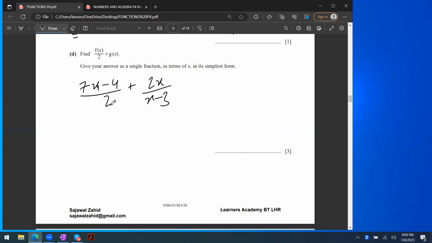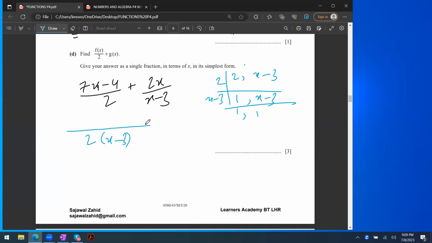Now we need to make the denominator the same for both. So that has to be 2 times x minus 3. What is the LCM of 2 and x minus 3? It is 2 into x minus 3. For the first one, the bottom is multiplied by x minus 3, so the top also needs to be multiplied by x minus 3.